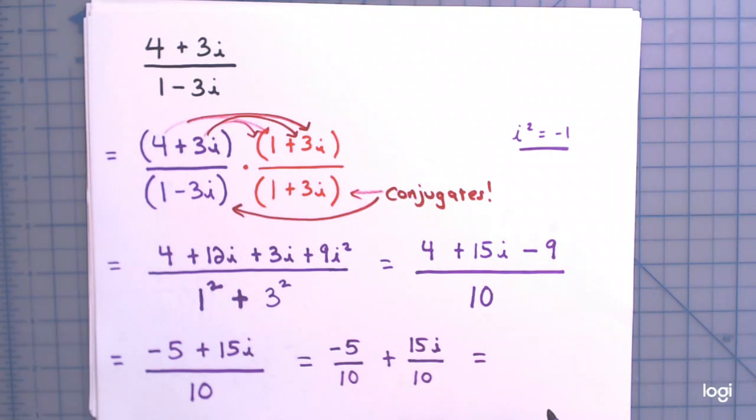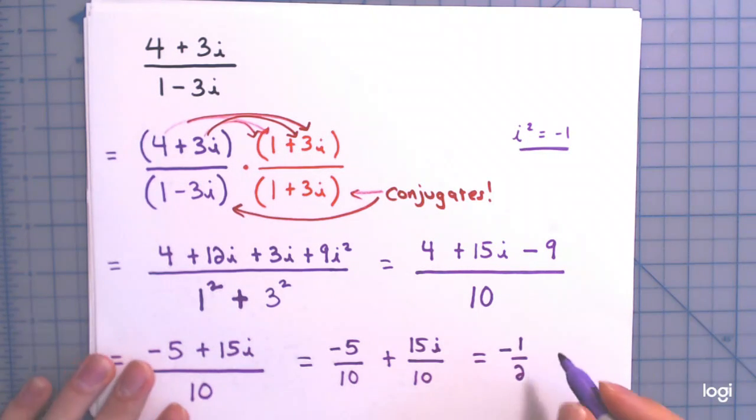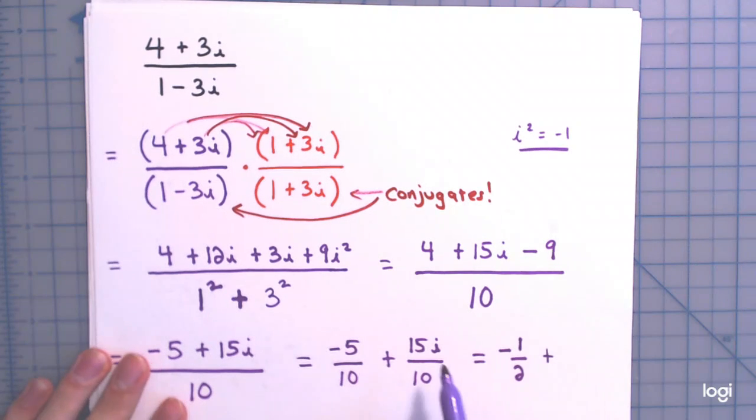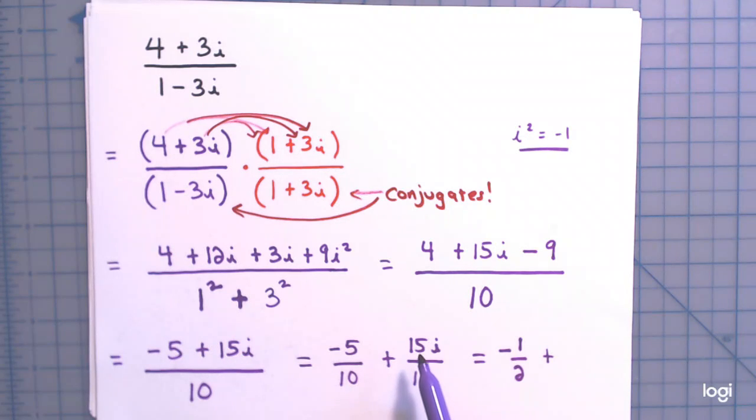And when you simplify these numbers, negative 5 tenths, 5 goes into 10 twice. This reduces to negative 1/2 for the real part, plus 15 over 10. 15 and 10 have a common factor of 5. 5 goes into 15 3 times, 5 goes into 10 twice, so you're left with 3 over 2.